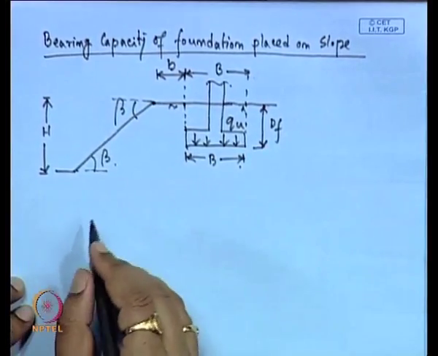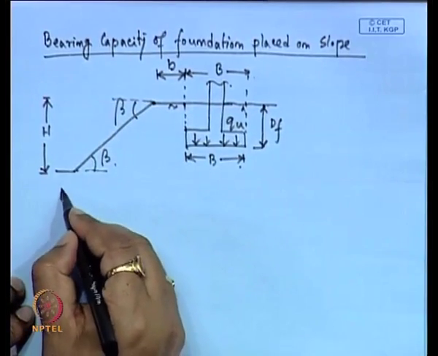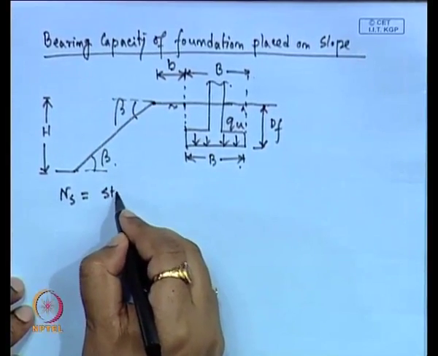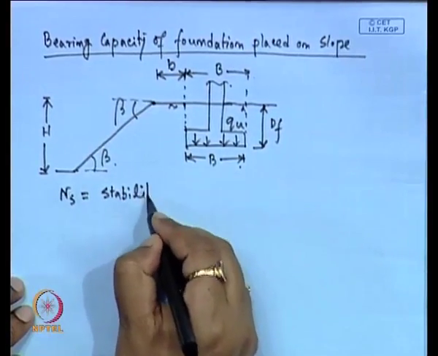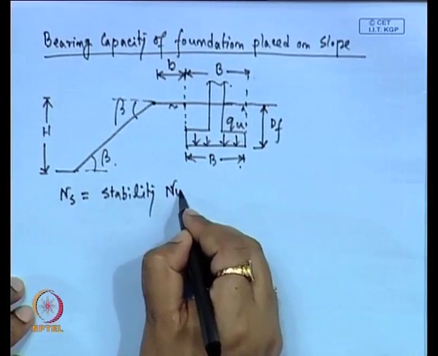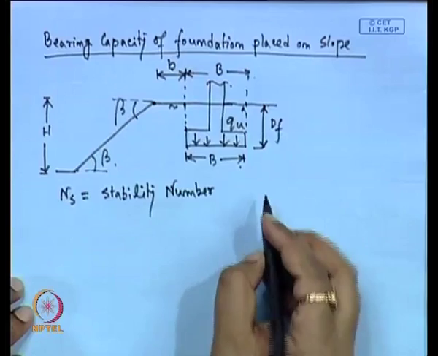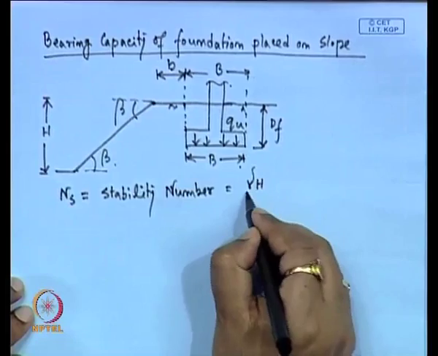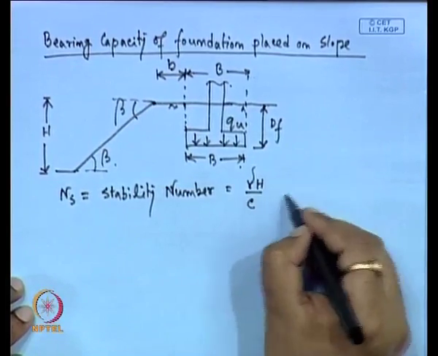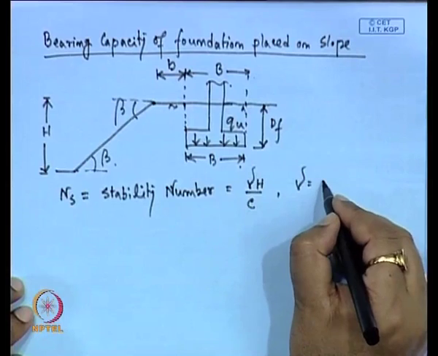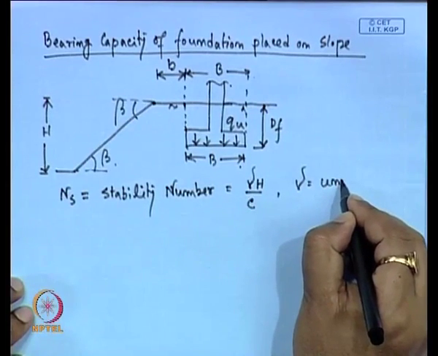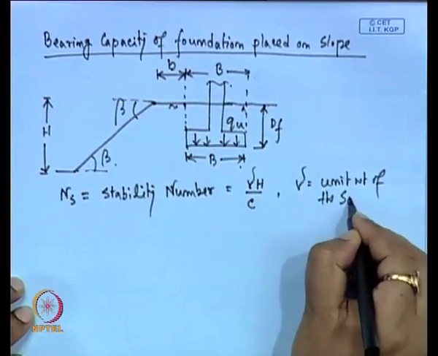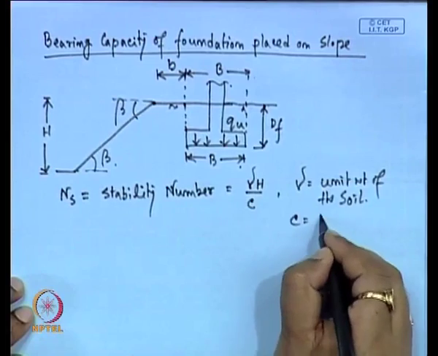Now, first we have to calculate a few things. First we can calculate the Nc, which is the stability number, or you can write this as gamma H divided by C, where gamma is the unit weight of the soil, and C is the cohesion.